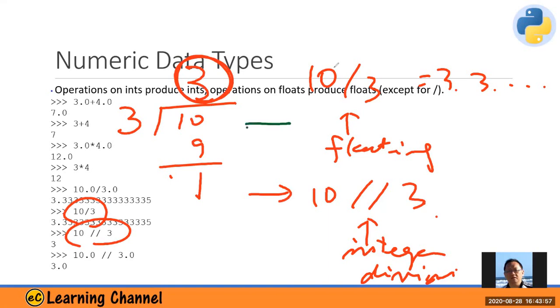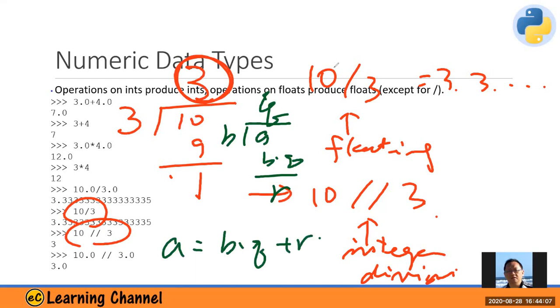So you have A divided by B. You get a quotient Q, and here B times Q, and you have a remainder. So A equals B times Q plus R. And the quotient Q is the result of your integer division, A divided by B. Is it okay? Yep.